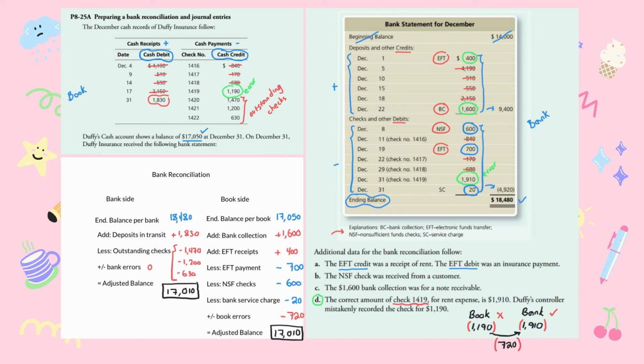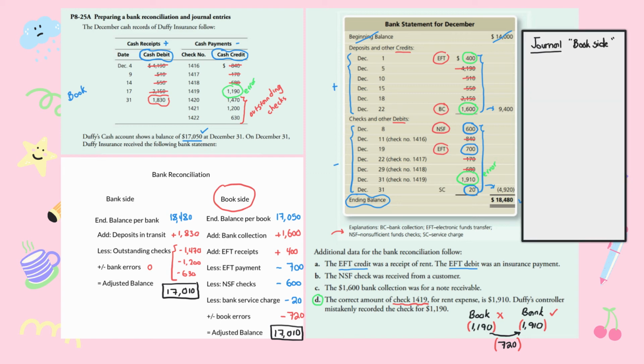Okay, so we're going to do only the book side adjustments. In each entry, I'm adjusting the cash account. So if it's a plus, it means cash will be on the debit side. If it's a minus, then cash will be on the credit side.